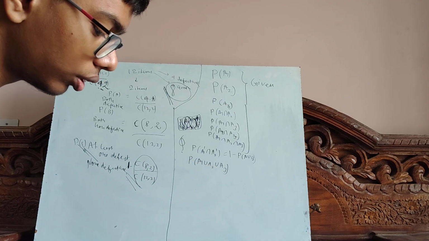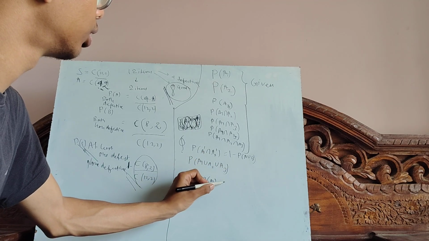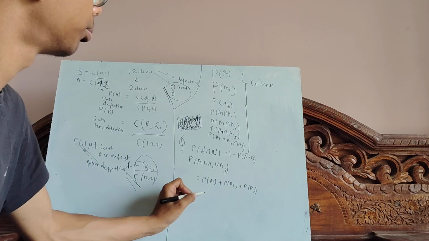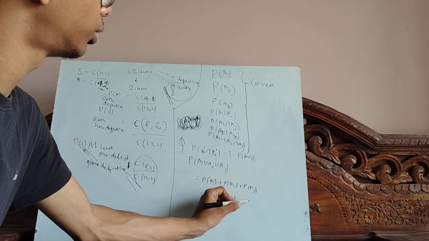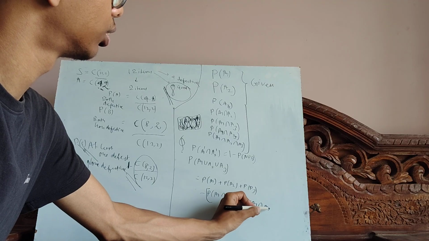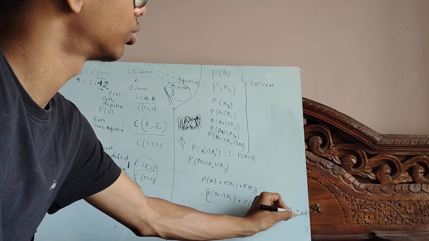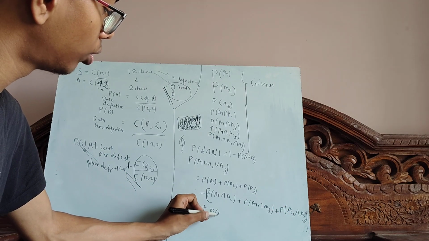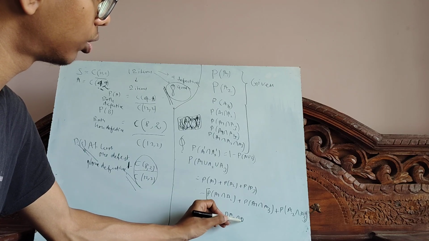So this is the basic formula that we used, that is probability of A1 plus probability of A2 plus probability of A3 minus probability of A1 intersection A2 plus probability of A1 intersection A3 plus probability of A2 intersection A3, and then plus probability of A1 intersection A2 intersection A3. Right.